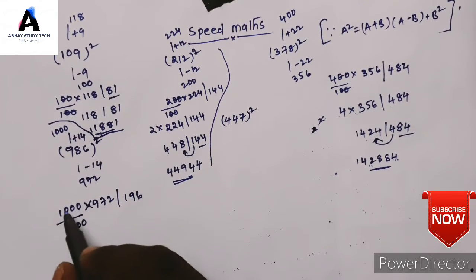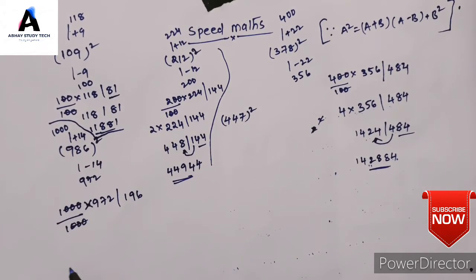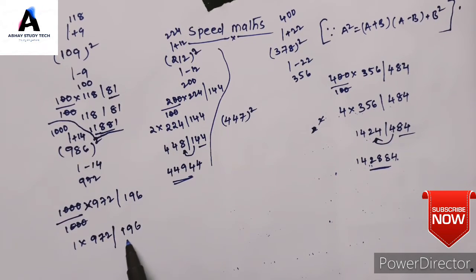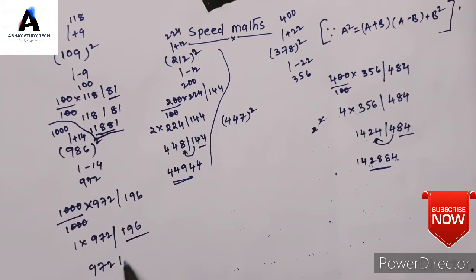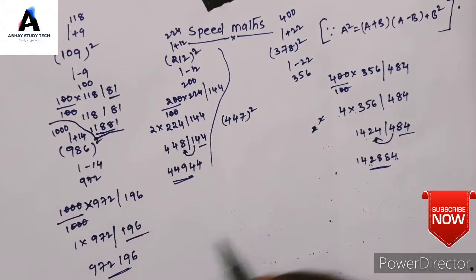Write as a single digit. These three zeros will be cancelled. 1 into 972, 196. We are dividing by 3 digits, 1000, so we write the same three numbers. 972, 196 is the answer.